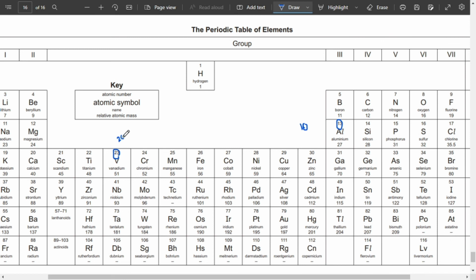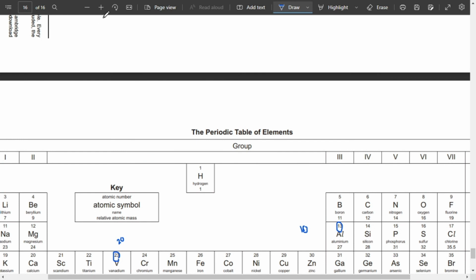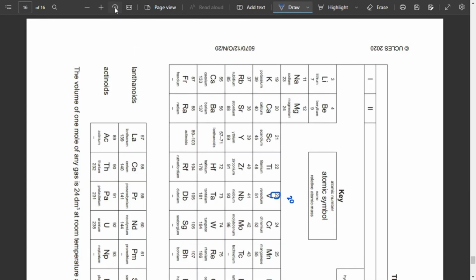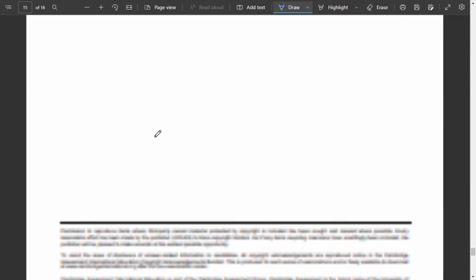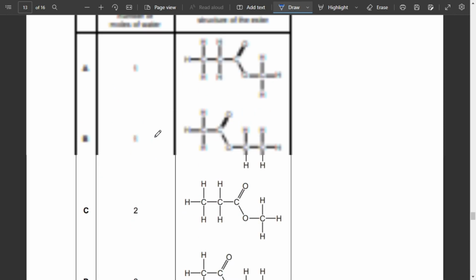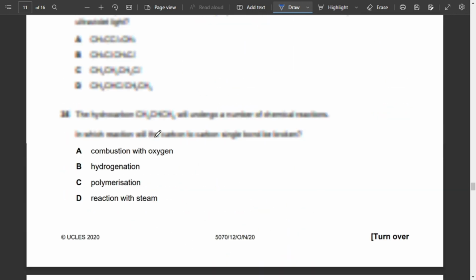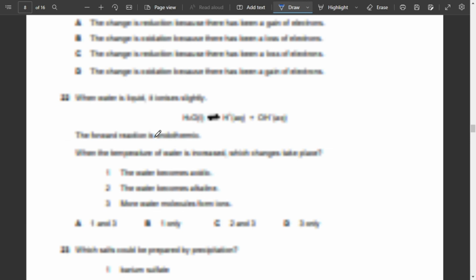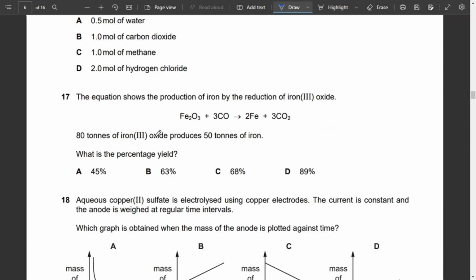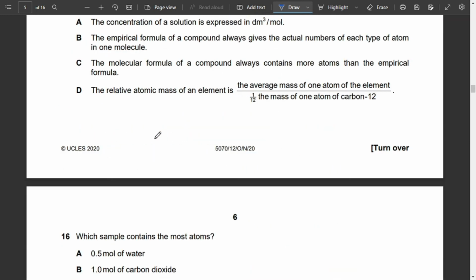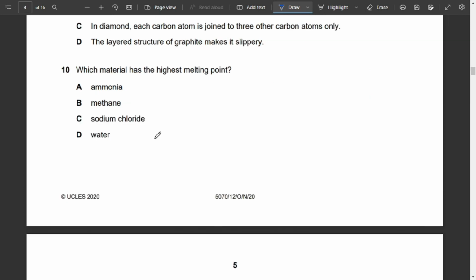So that is why vanadium is the right answer. Moving on to our other MCQ. Here it is.